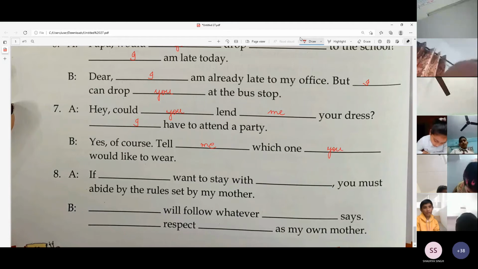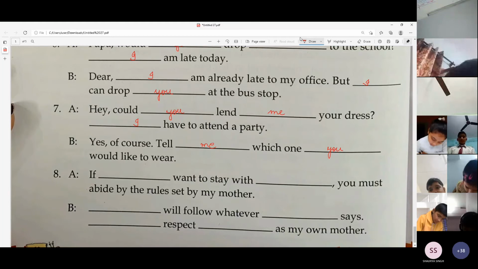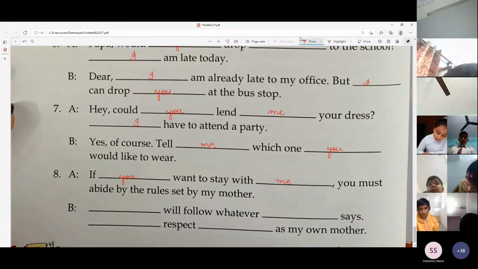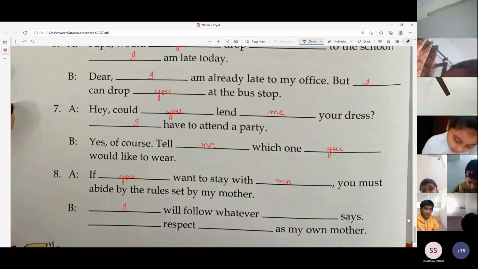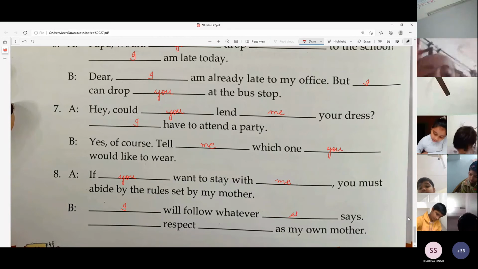Number 8. If you want to stay with me, you must abide by the rules set by my mother. I will follow whatever she says.